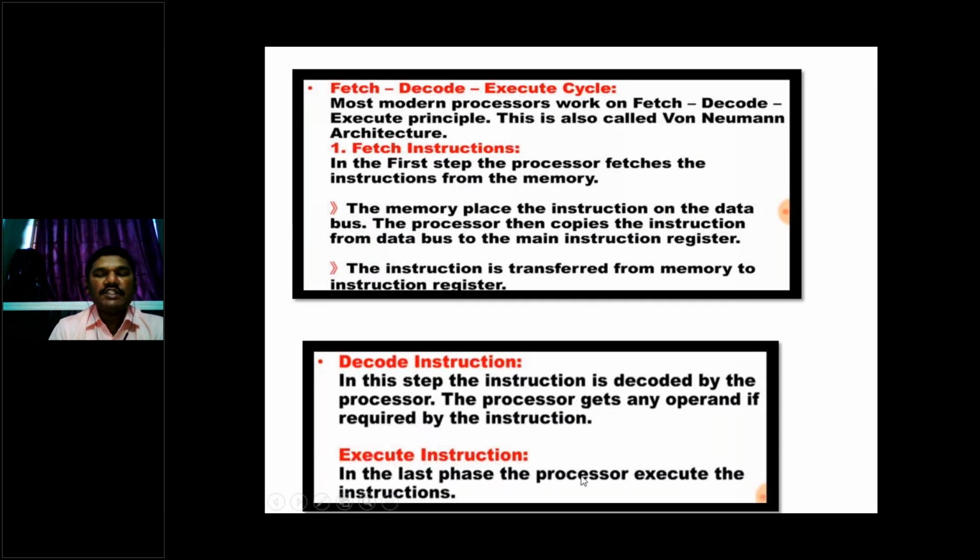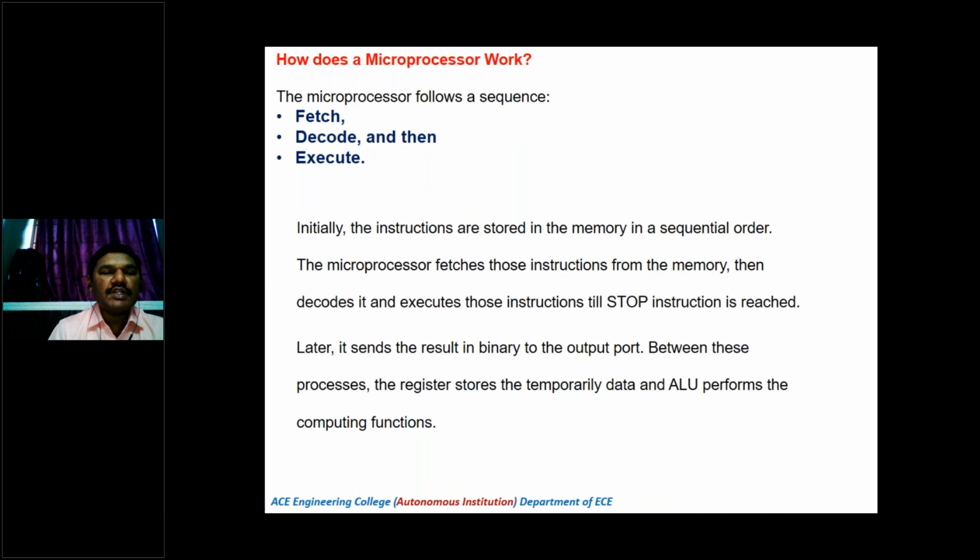In the last step, the processor executes the instructions according to the 8086 instruction set. That is what we call fetch, decode, and execution. The use of this fetch, decode, and execution is called pipelining, which we will see later. Initially the instructions are stored in the memory in sequential order.